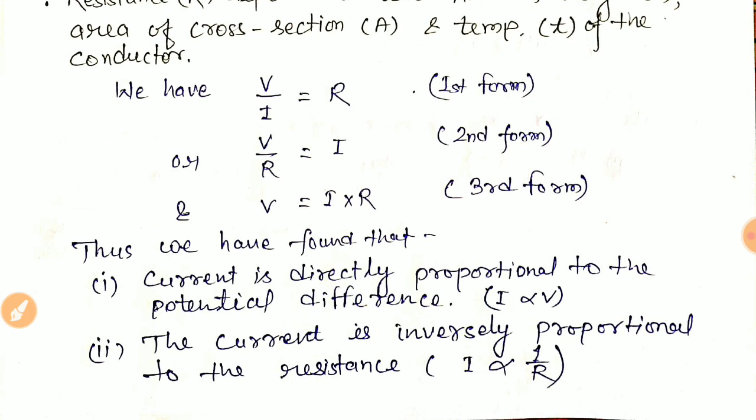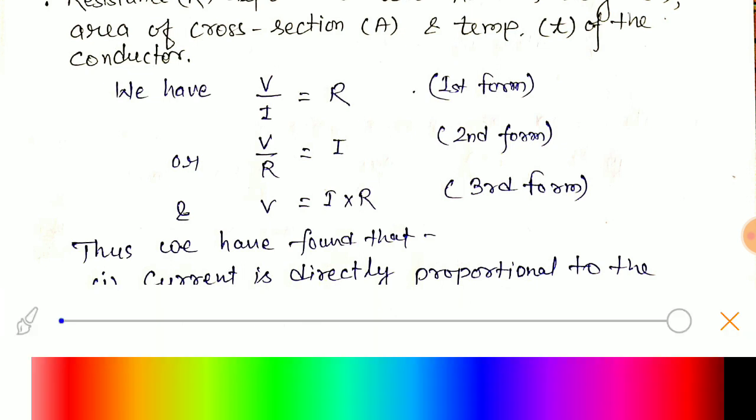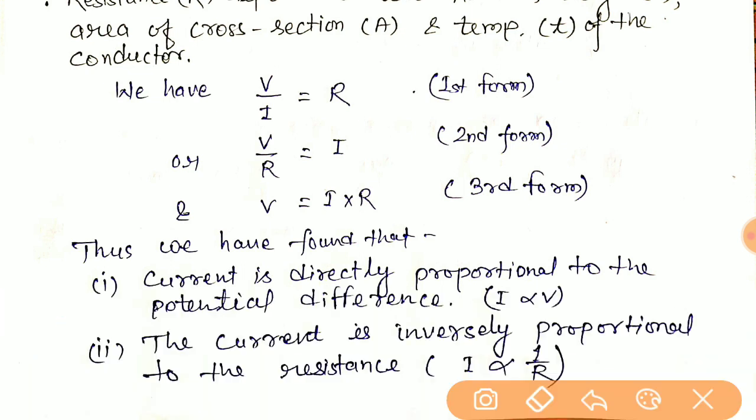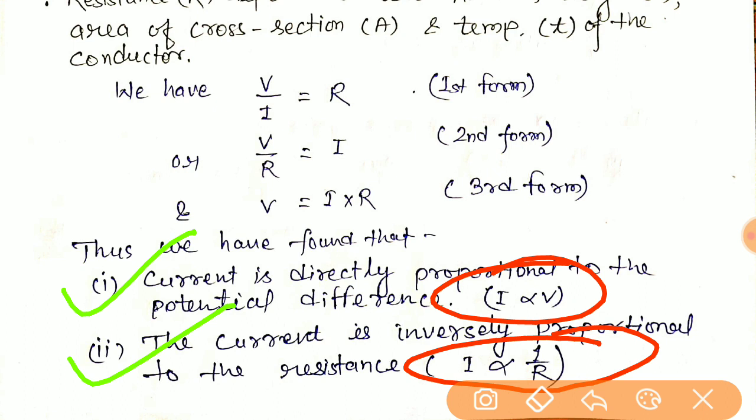So you can notice that the current is directly proportional to the potential difference, and inversely proportional to the resistance. So I is proportional to V and I is proportional to 1 upon R. This is Ohm's law. You can solve numericals with these formulas, and note them in your notebook and learn them.